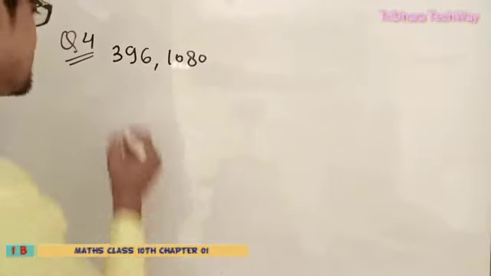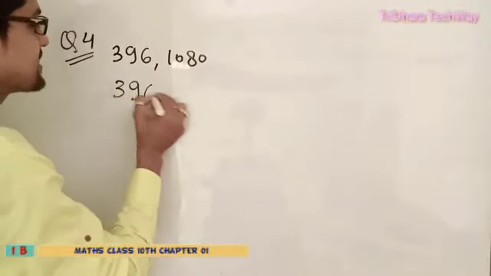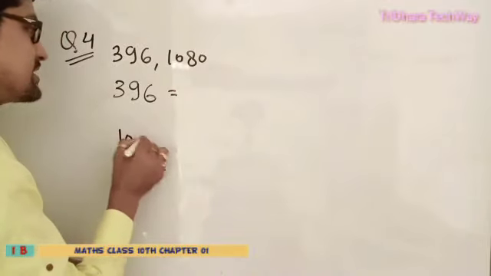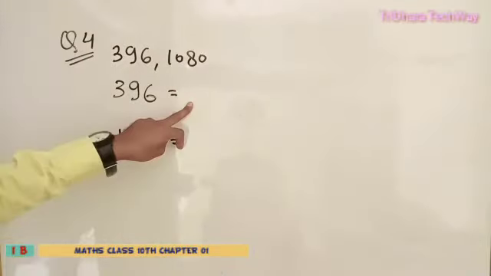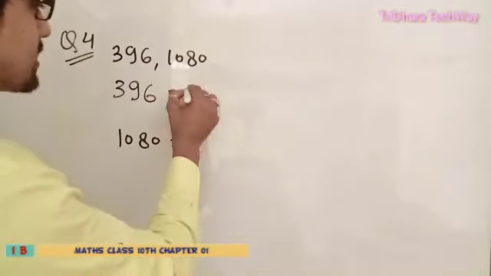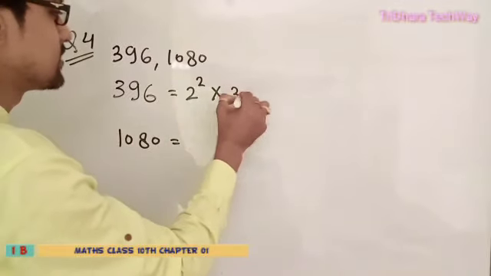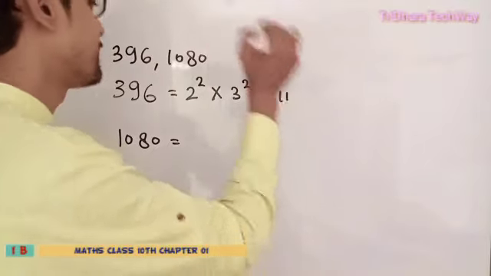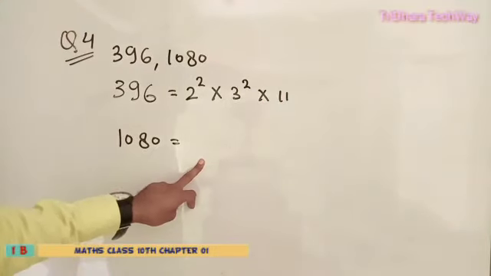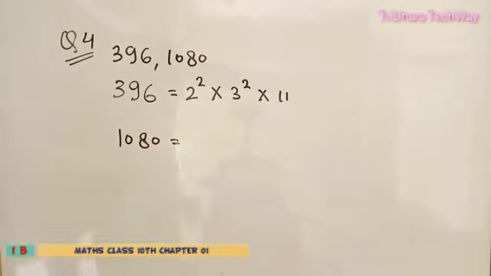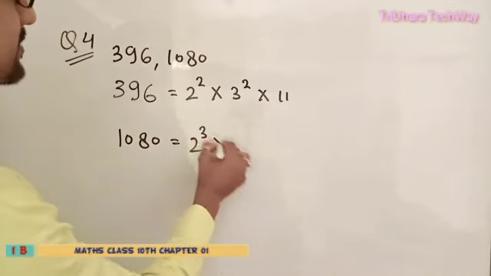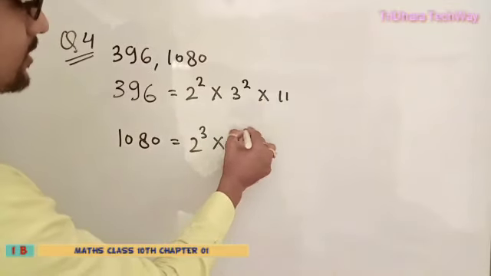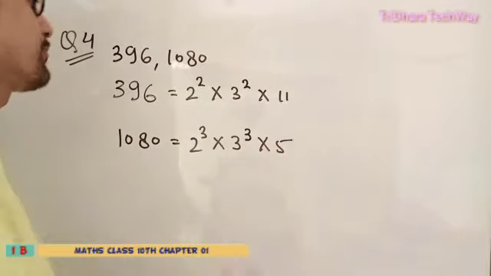Okay, now see for that. This is 396 and another one is 1080. 396 is 2 squared times 3 squared times 11. Now 1080 is 2 cubed times 3 cubed times 5.